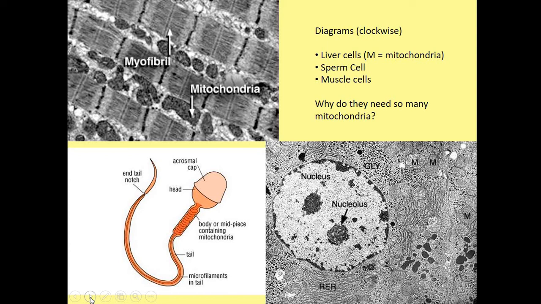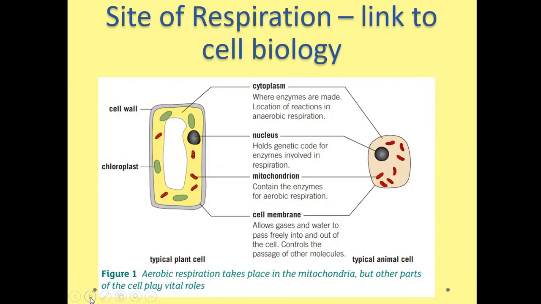We know that highly active cells, such as muscle cells, such as a sperm cell that requires a lot of energy to move, well, they have a higher number of mitochondria. We know that mitochondria have a folding membrane, okay, which provides a larger surface area for enzymes to work. We know that respiration is an enzyme-controlled reaction. So we do need to remind ourselves of this kind of cell biology behind this.